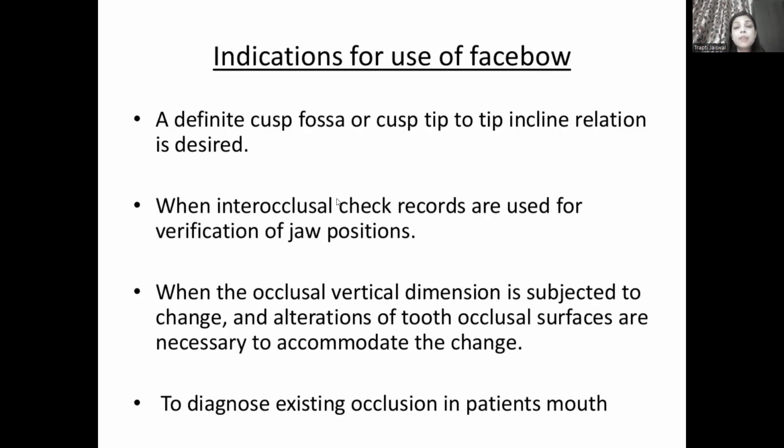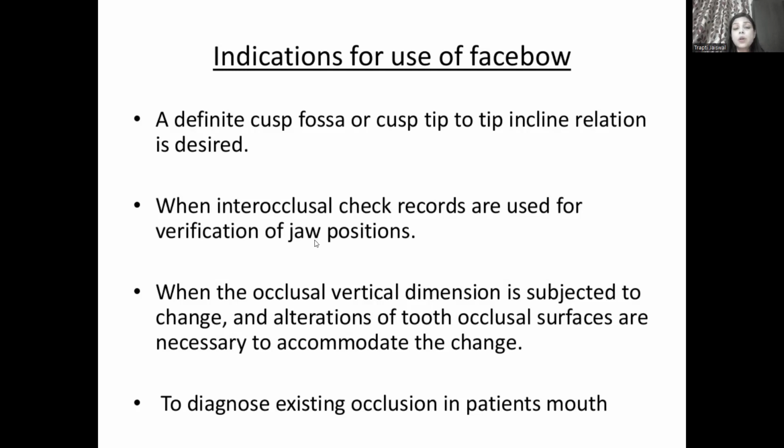There will be deflective occlusal contacts which can interfere with function, and these deflective contacts can also produce pain in the temporomandibular joint. Then a chain of problems will occur. So the facebow is required when we need a definite cusp fossa or cusp tip to tip inclined relationship, to record the orientation jaw relation.